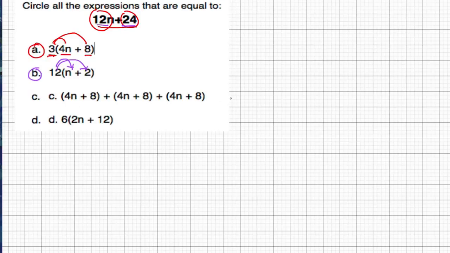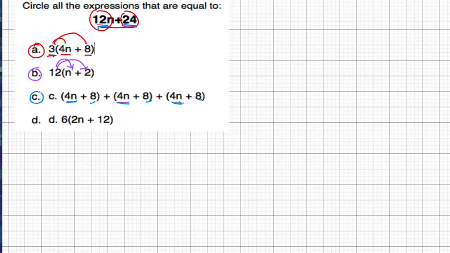Here is that long one I was just looking at, right? I can see all of these n's. If I group them together, 4n plus 4n plus 4n would be 12n. So switch colors here. 12n. 4, 8, 12. Boom. I'm going to check the 8s. 8 plus 8 plus 8 would be 24.